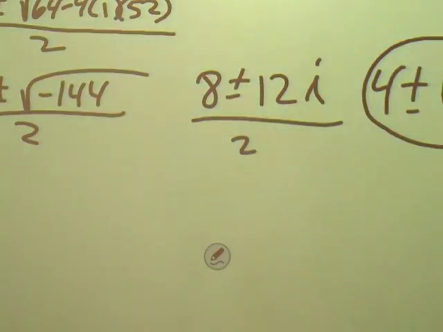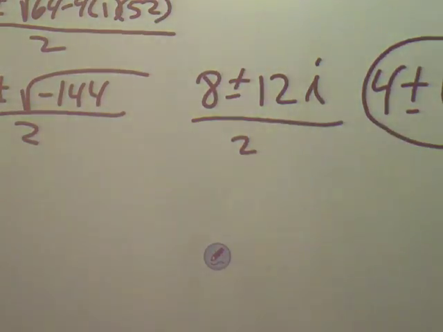And of course, they had that as a choice because they're evil. It's one of them where you could work part of the problem and get an answer, and they put it as a choice. So you got to make sure you read the entire problem and answer all of it.